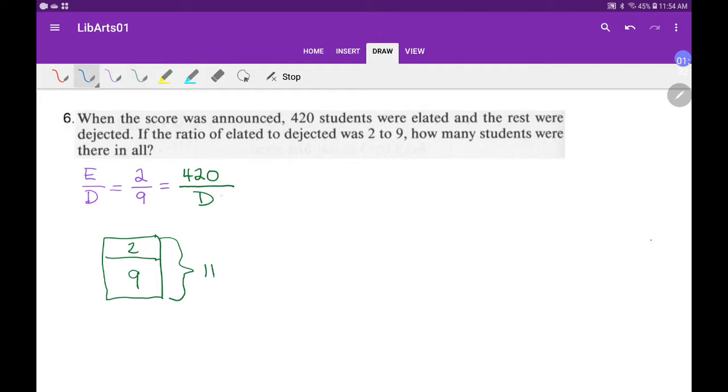So we say, well, 2 times d, we use our cross multiplication, 2 times d is equal to, let's see here, we're going to say 420 times 9.